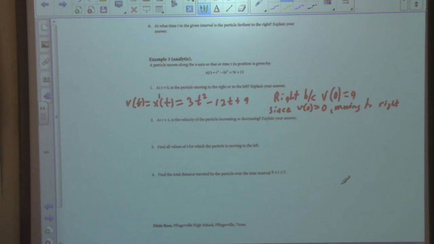Next, at t equals 1, is the velocity of the particle increasing or decreasing? Okay, here we're going to go a of t, which equals v prime of t, which equals x double prime of t. You see that relationship here?